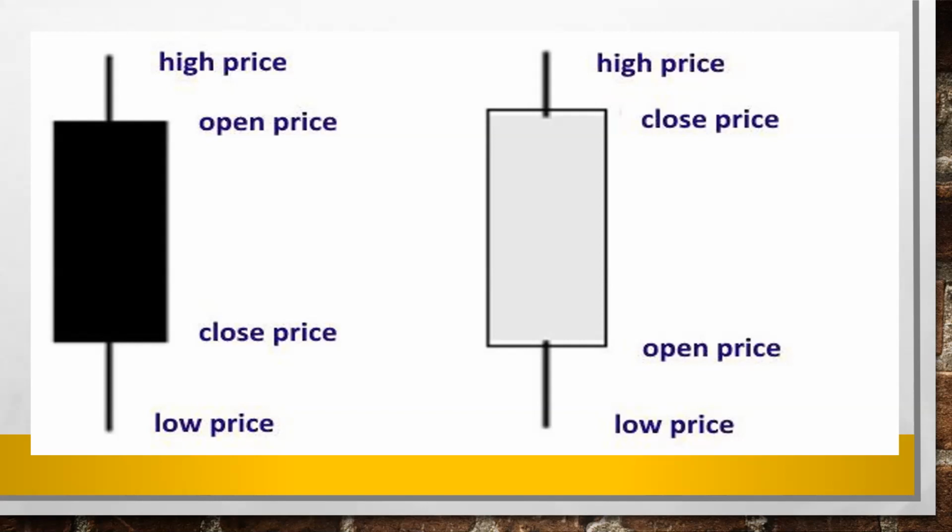So once you study the market structures and the market patterns, you can also get extra confirmations from the candlestick patterns of what is happening in the market and how the market is likely to behave. That's why we use candlestick patterns.